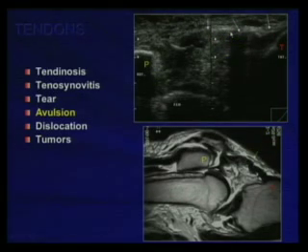When the tendon has this wavy shape, the sound is refracted in different directions, and you will see acoustic shadowing. And this is very important to make the diagnosis of tendon and nerve tears. In this case, at the stump, you can see this hyperechogenic line that represents an avulsion fragment of the inferior patellar pole.